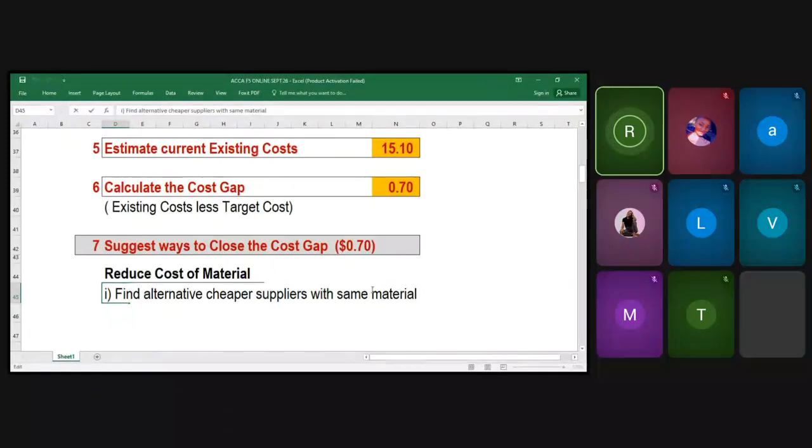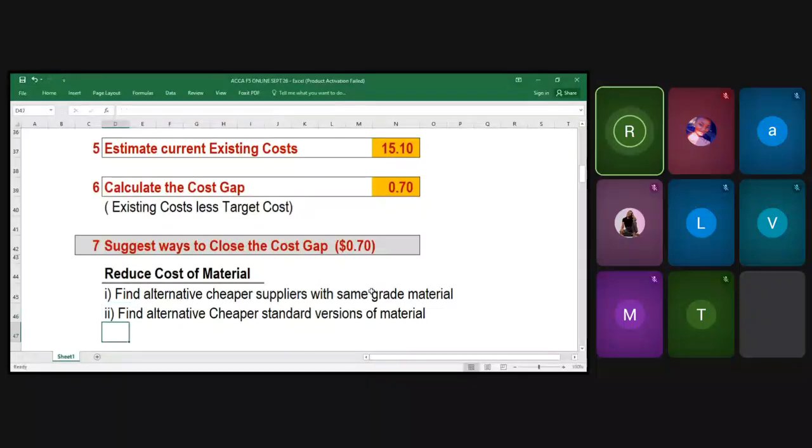Let me just write same grade because that is very critical. Same grade of material. Right. If we find, that's okay. If we can't find, well, let us look at number 2. Find alternative, cheaper, standard versions of material.